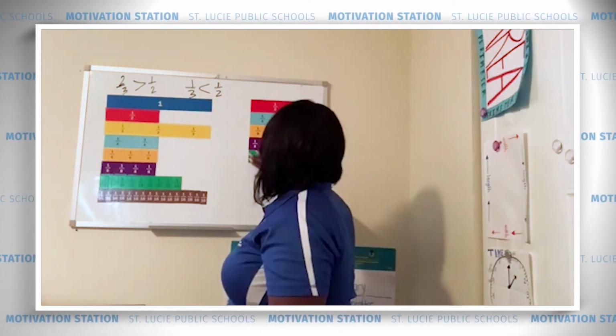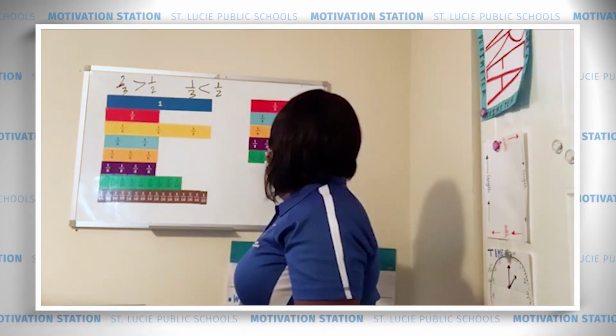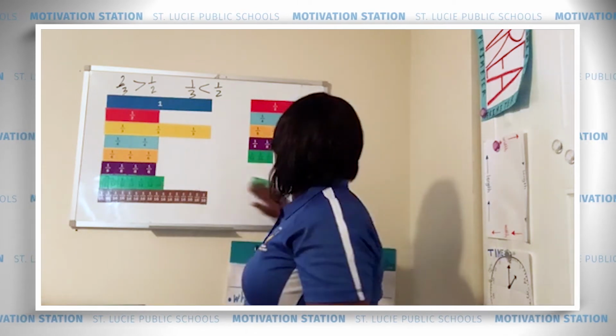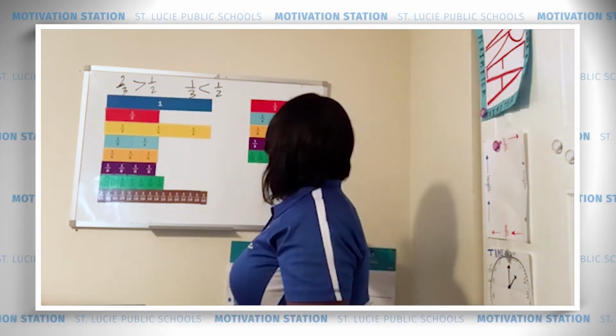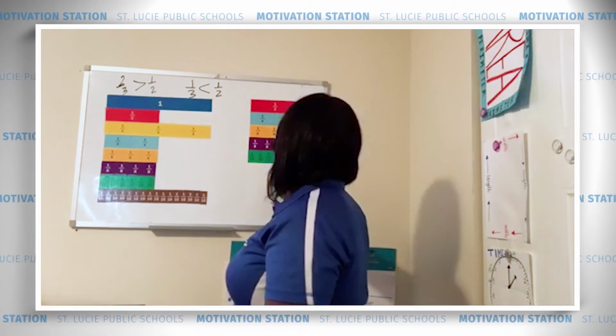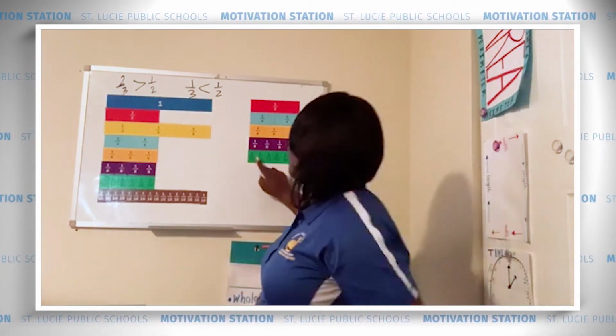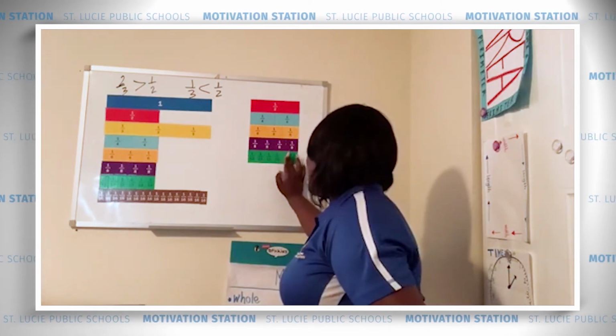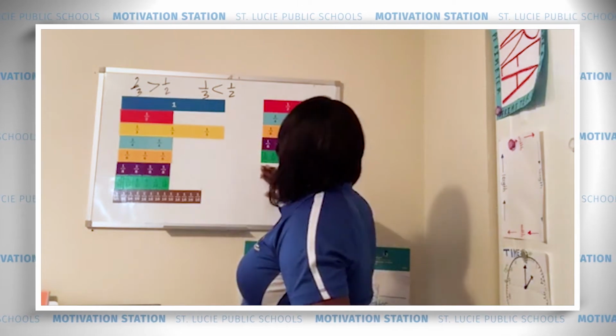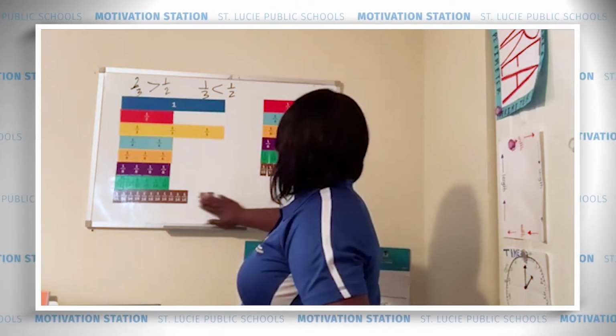What about the 12ths? Do you remember how many 12 size pieces are equivalent to half? One 12, 2 12s, 3 12s, 4 12s, 5 12s, 6 12s. Well, there's 12 12s. You would need half of those to make the size of a half. Half of 12 is 6. And what about the 16ths?